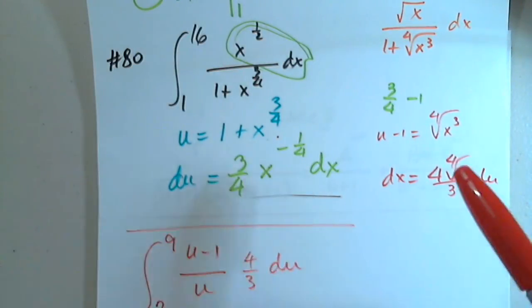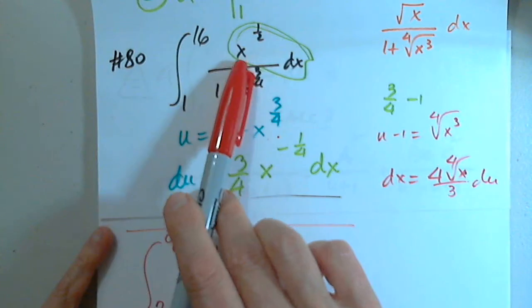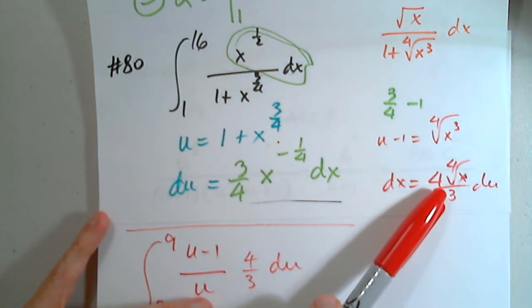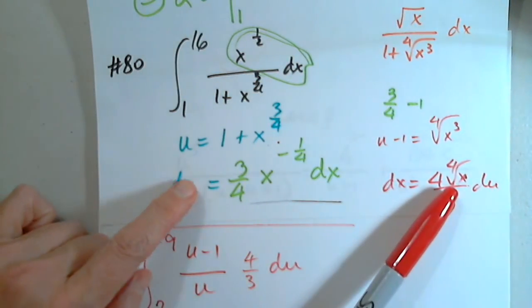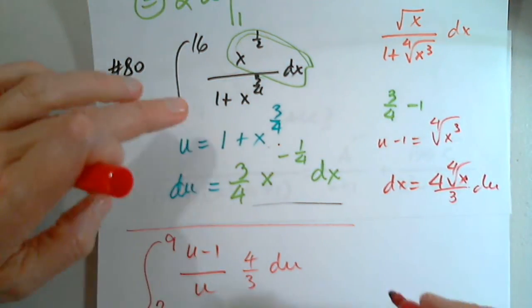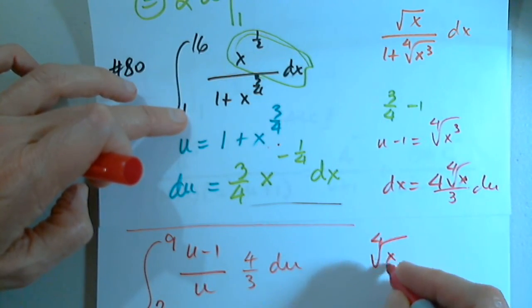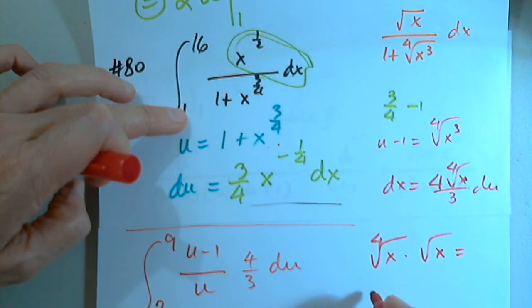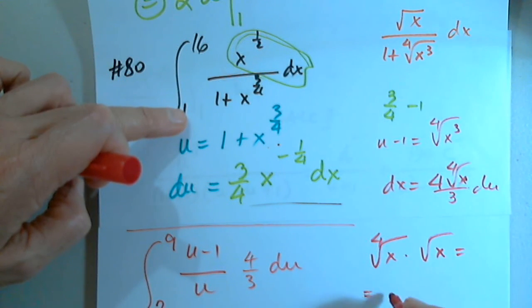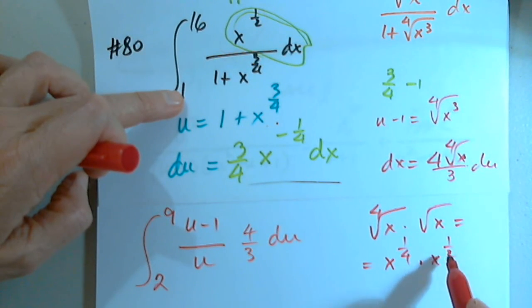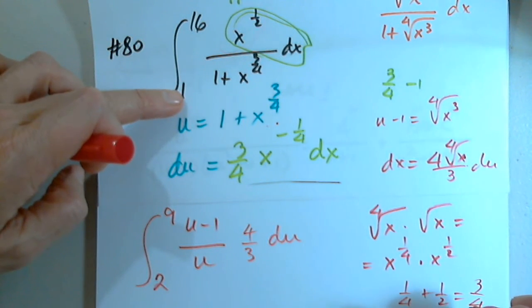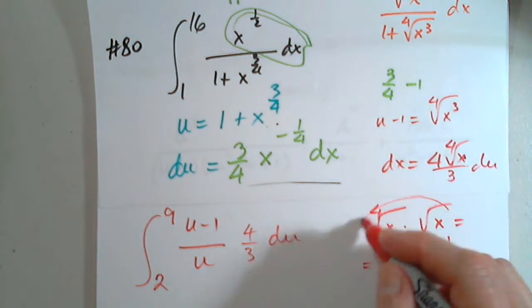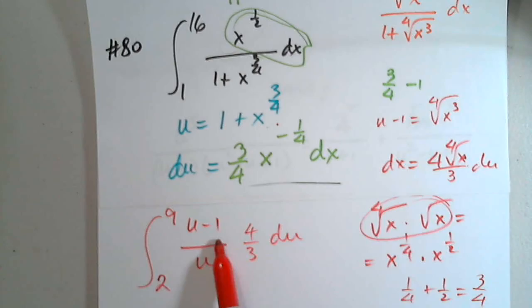Yeah, interesting, very interesting, because when we multiply this by this, the square root by the fourth root, we get the fourth root of x times the square root of x. This is x to 1/4 times x to 1/2. So when I add these two, 1/4 to 1/2, I get 3/4. Nice trick. Nice trick.